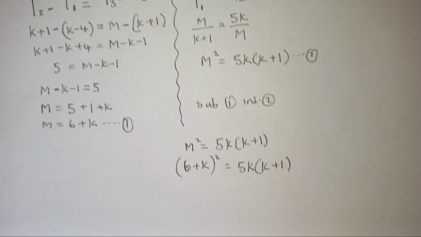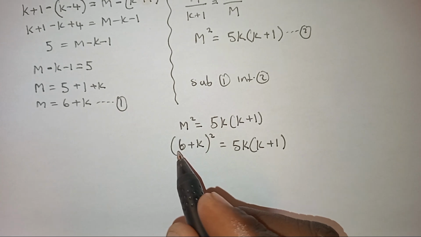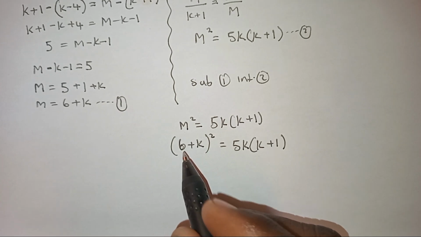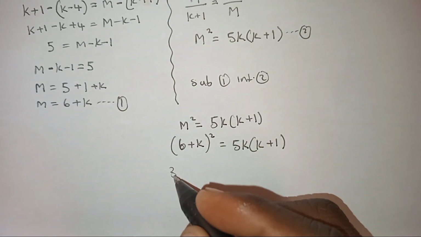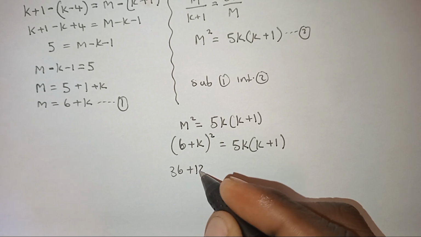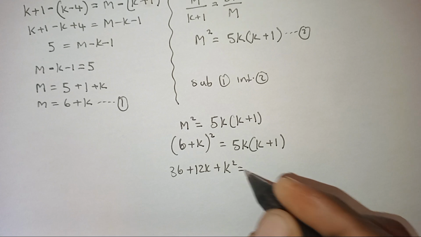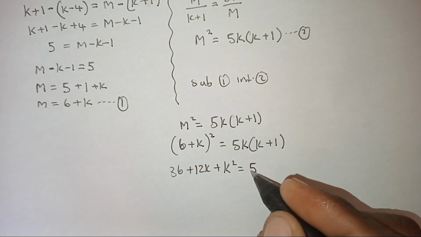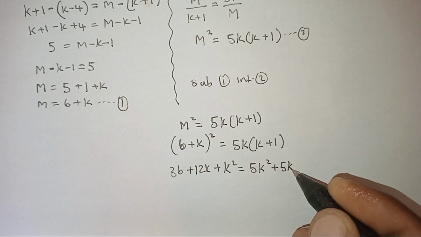Okay, so now we're going to expand this. 6 times 6 will be 36, plus 12k plus k squared, and then this multiplied by that will be 5k squared plus 5k, right?